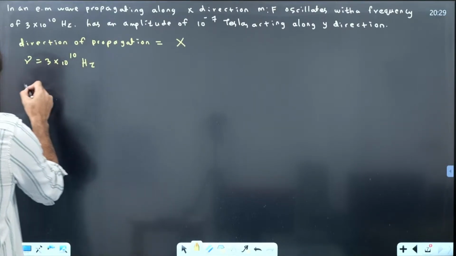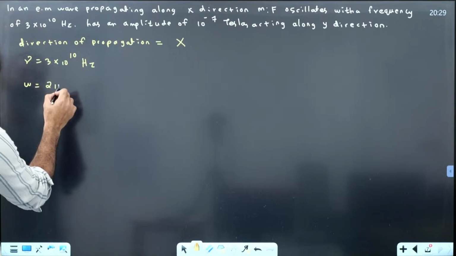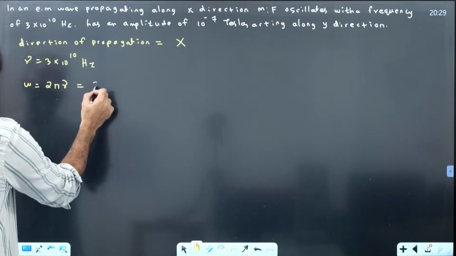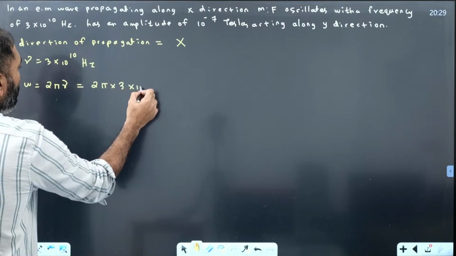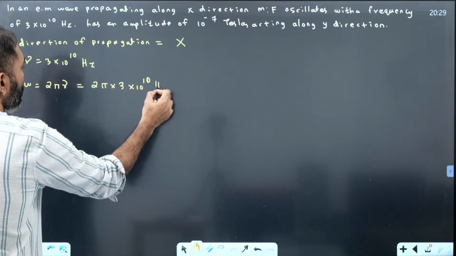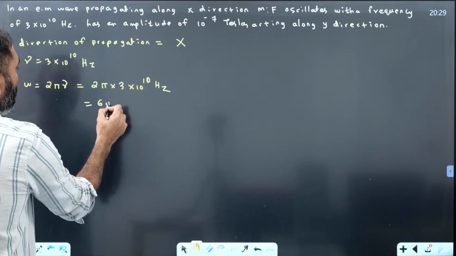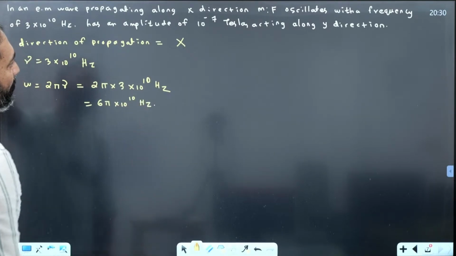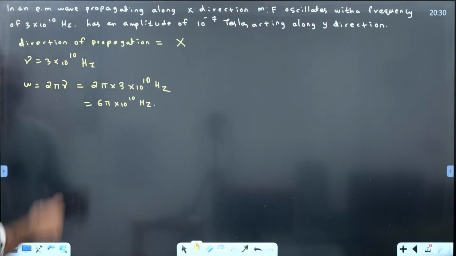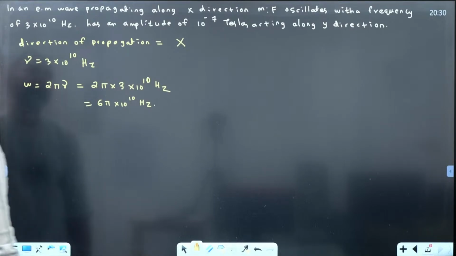So we can find out omega. Omega equal to 2 pi nu. So omega equal to 2 pi into 3 into 10 raised to 10 hertz. That is 6 pi into 10 raised to 10 hertz. That is angular frequency. So frequency is given, we found out angular frequency.